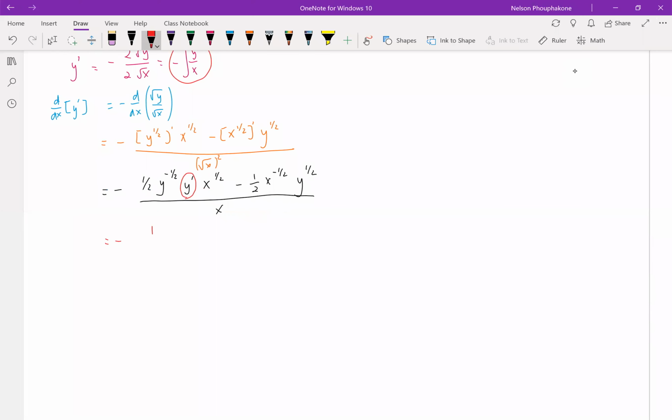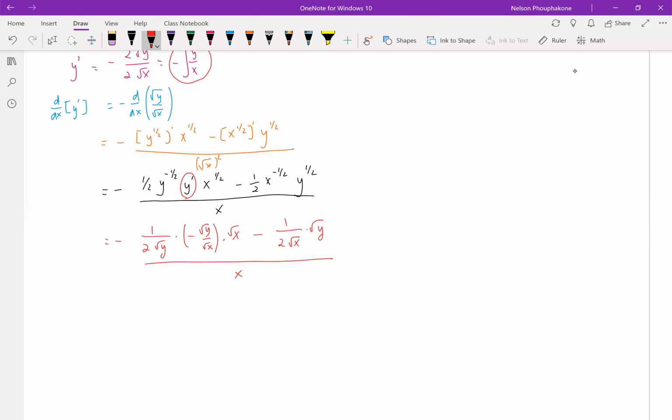I will have 1 over 2 square root of y times negative square root of y over square root of x times square root of x minus 1 over 2 times square root of x times square root of y.